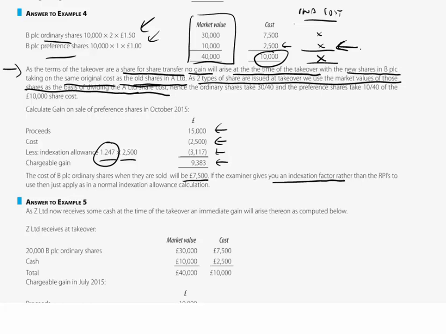Again, the examiner has basically removed that from the calculations required by you by telling you here is an indexation factor that shows an indexed rise from the original acquisition of the original shares through to the date of this particular disposal. That then allows you to simplify the gains calculation to that which you see there.